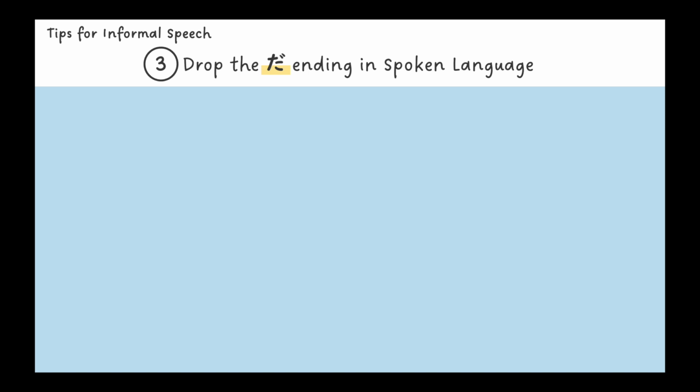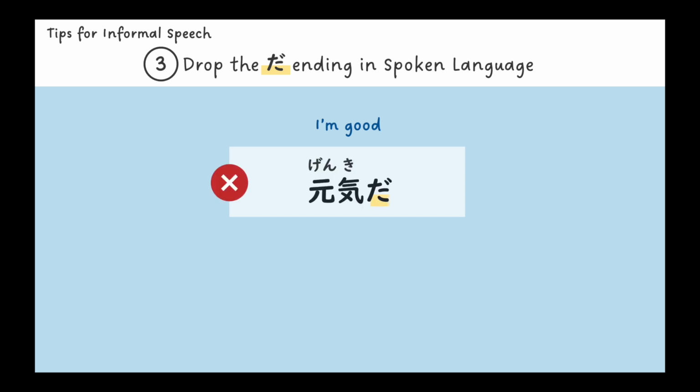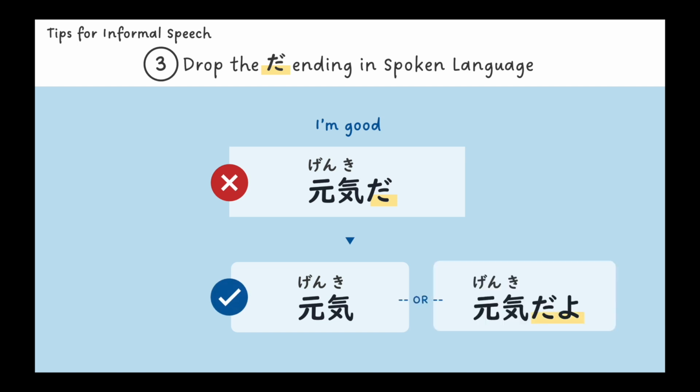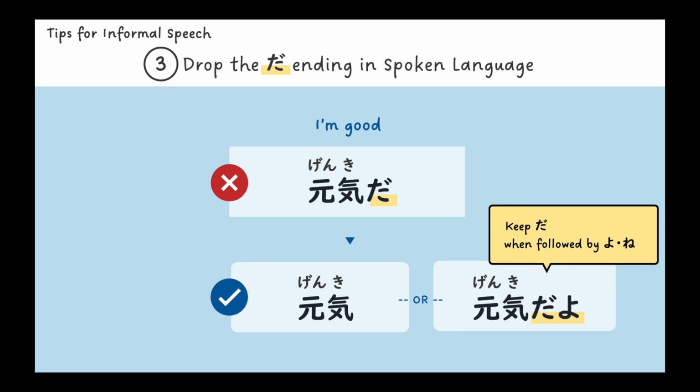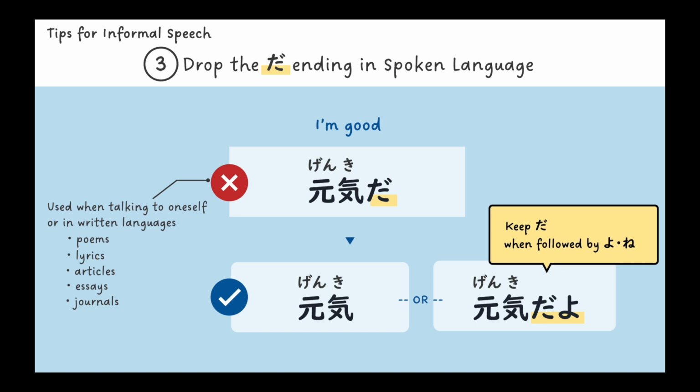For example, when someone asks you, "How are you?" and you want to say, "I'm good," instead of saying 元気だ, we simply say 元気 or 元気だよ. Notice that we keep だ when it's followed by よ or ね. Please note that ending a sentence with だ is more commonly used when talking to oneself or in written languages such as poems, lyrics, articles, essays, and journals.